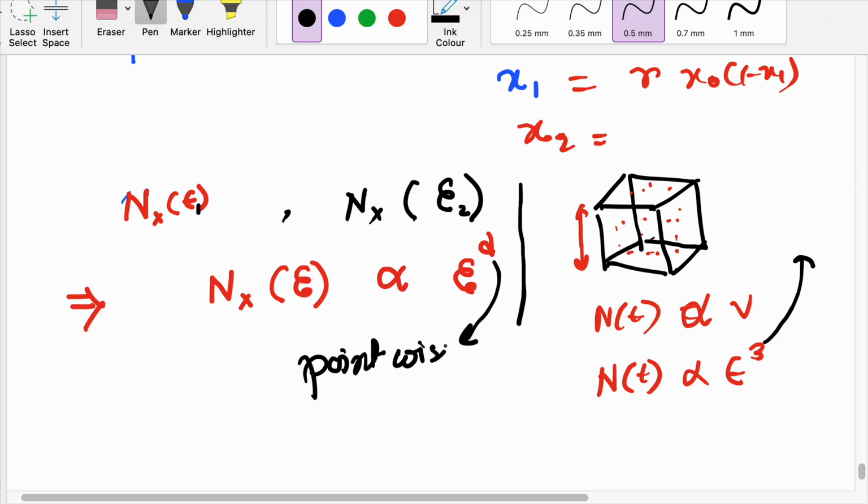Pointwise. Why pointwise dimension? You can see that it depends on how many points it contains.